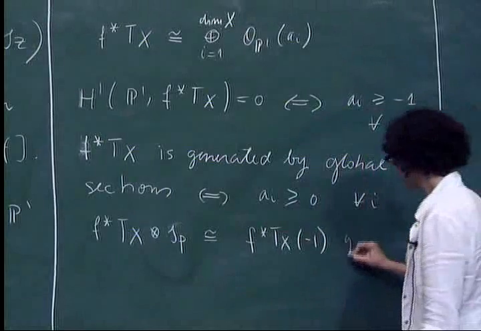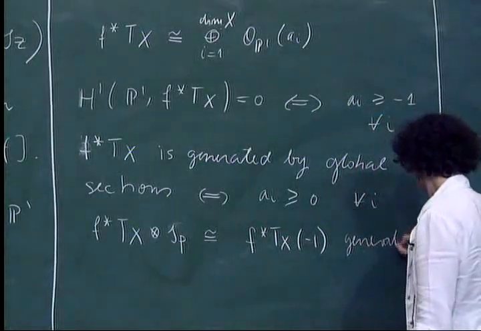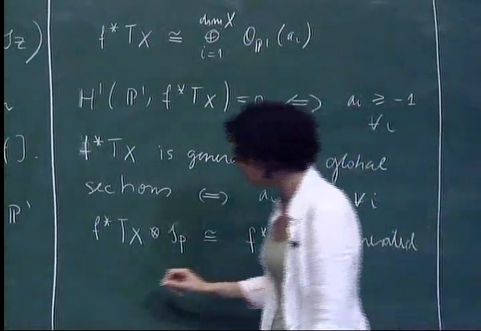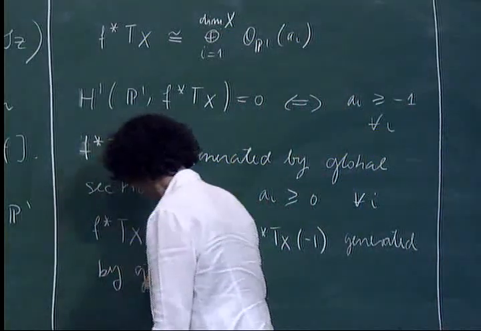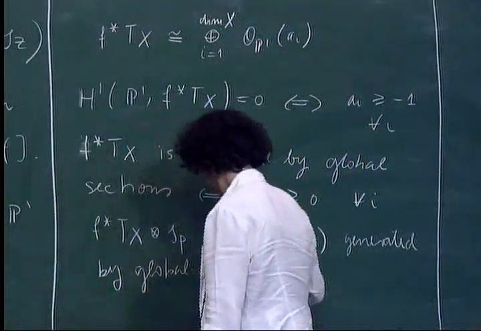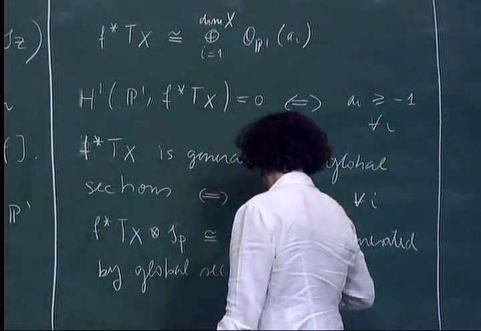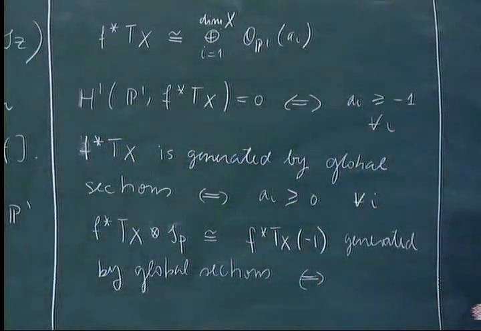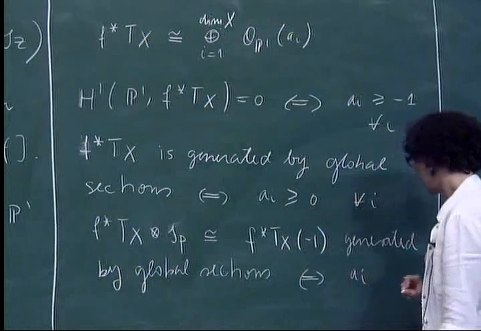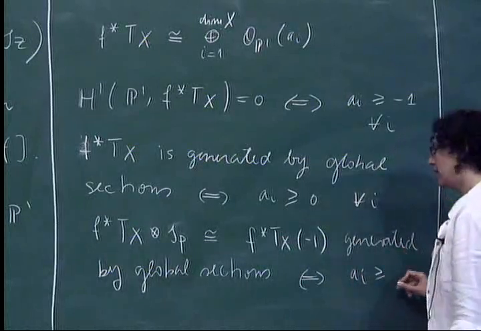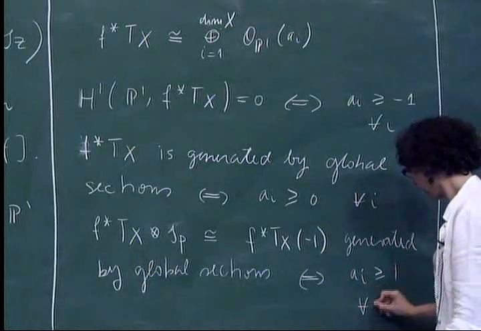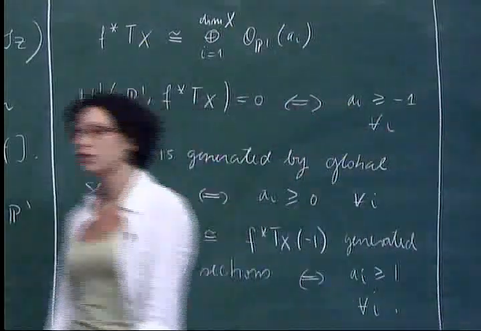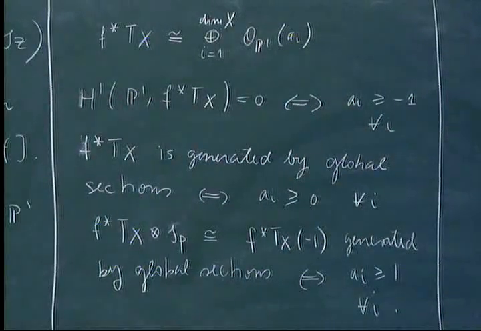And this is generated by global sections if and only if all the a_i are at least 1. And so on. So for P1, these questions are very easy to answer.